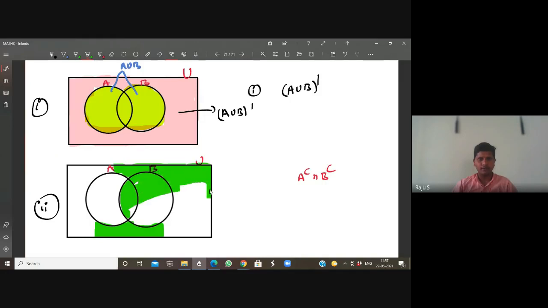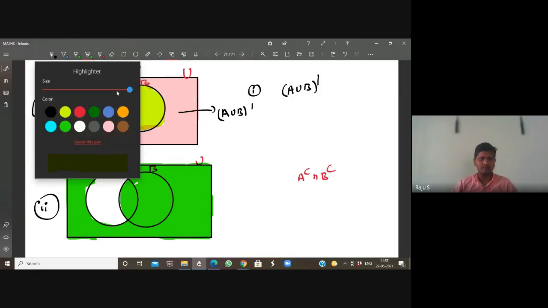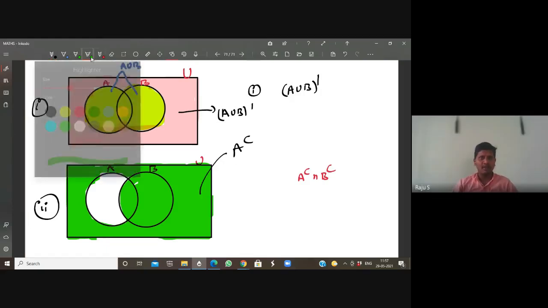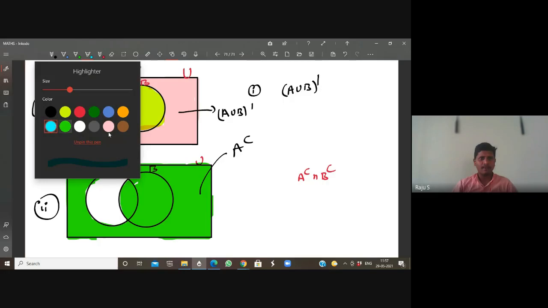The entire region other than A. In the same way, shade the region B complement.